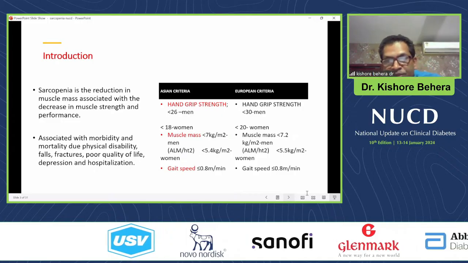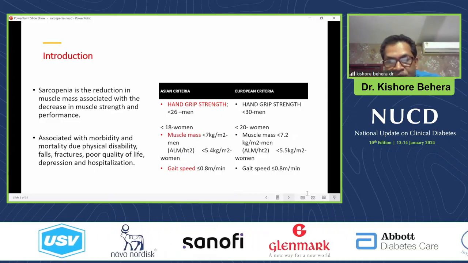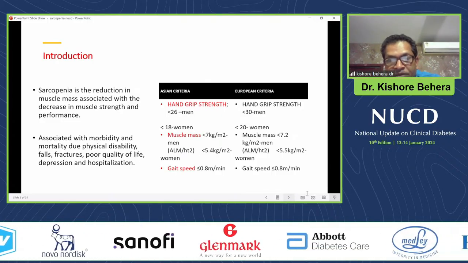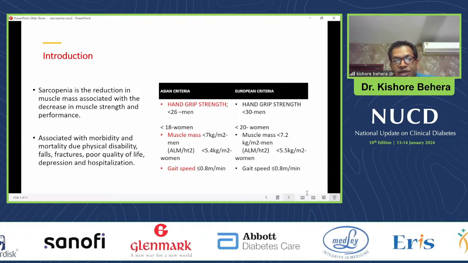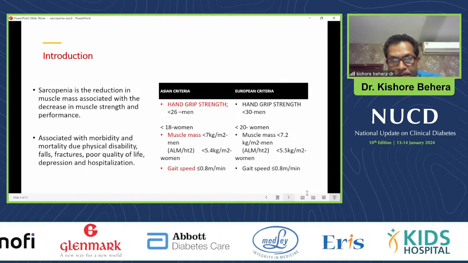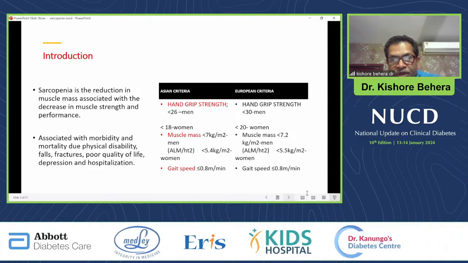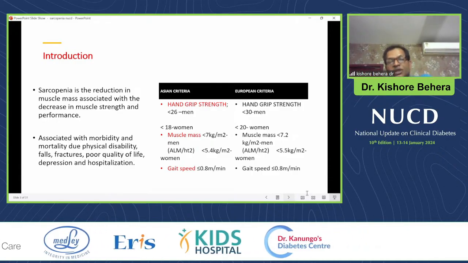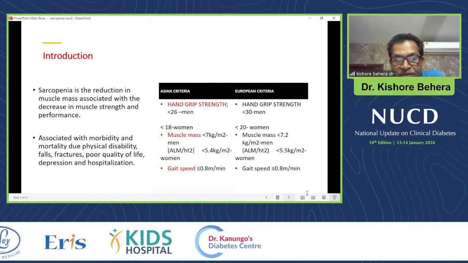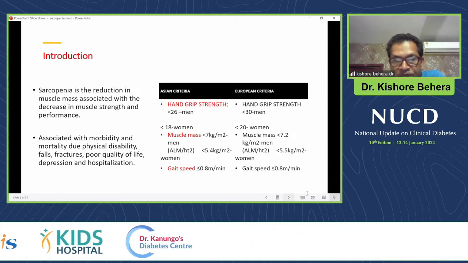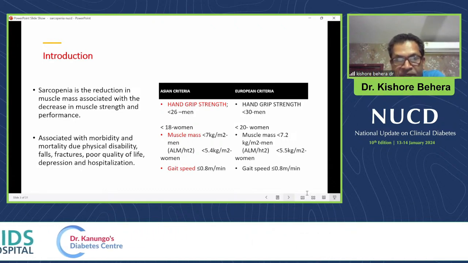Muscle mass is measured by DEXA, that is appendicular lean mass divided by height in meter square, less than 7 in males and less than 5.5 kg per meter square in females. And if the gait speed is less than 0.8 meter per second, then we will define it as sarcopenia.